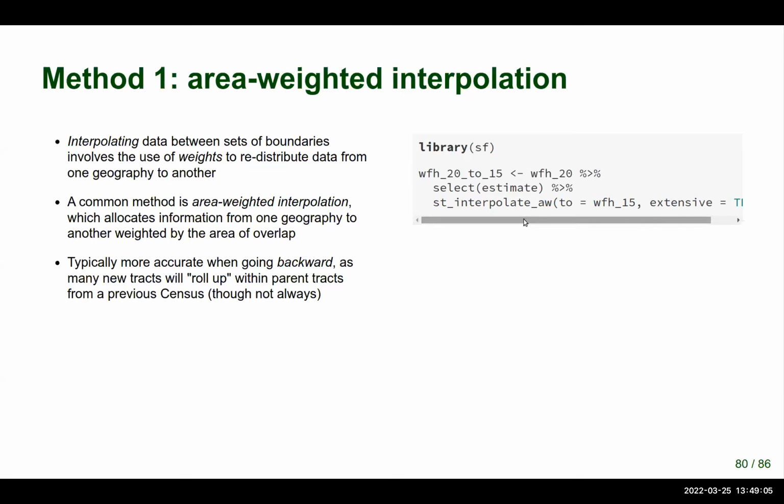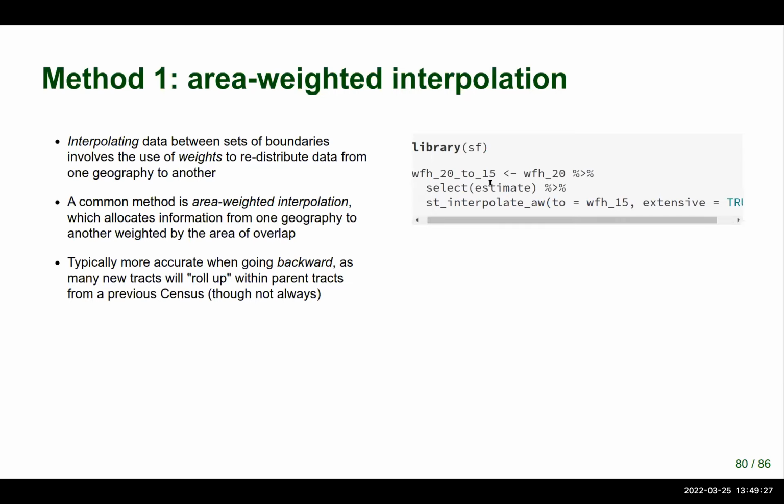In this case, by going backward, what I mean is taking our 2016 to 2020 data and going backward to the 2011 to 2015 geographies. So the 2020 tracts to 2010 tracts. We can implement that in the sf package with the st_interpolate_aw function.